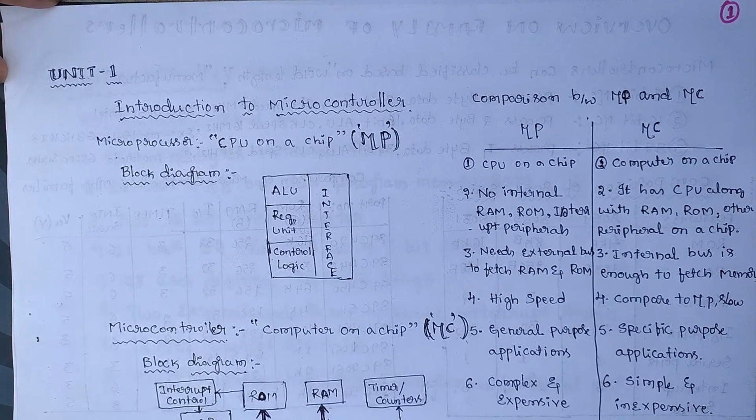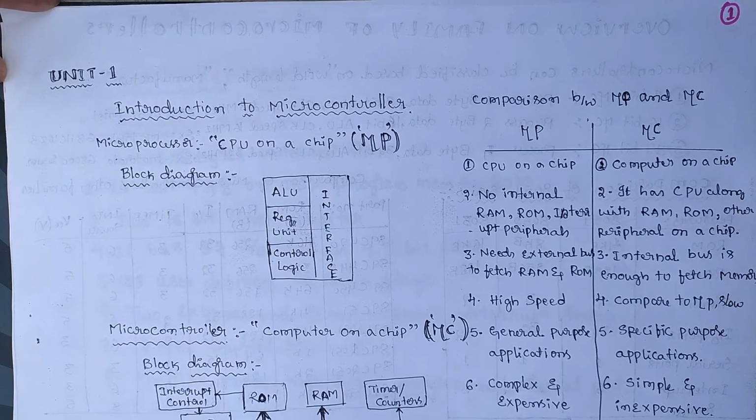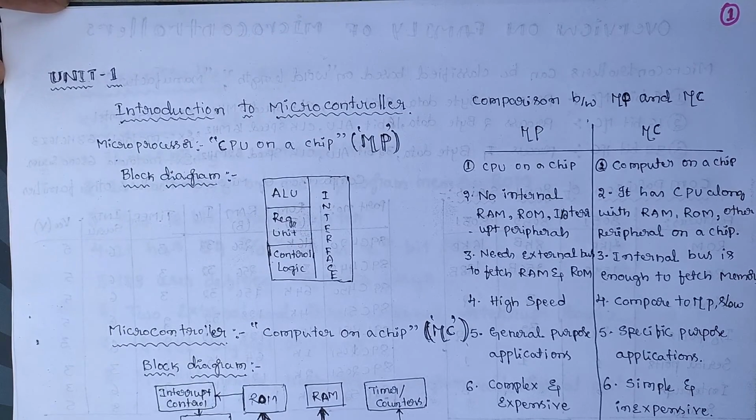The arithmetic logic unit is used to perform arithmetic and logic operations to manipulate the binary information. The register unit is a temporary storage unit used to store the manipulated binary information. The control logic is used to synchronize the operation of the complete processor with other peripherals, and the interfacing unit is used to interconnect the microprocessor with other devices.